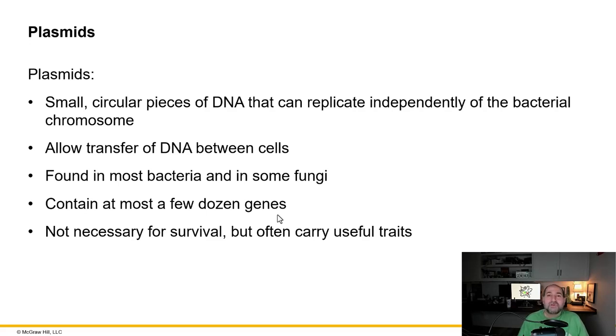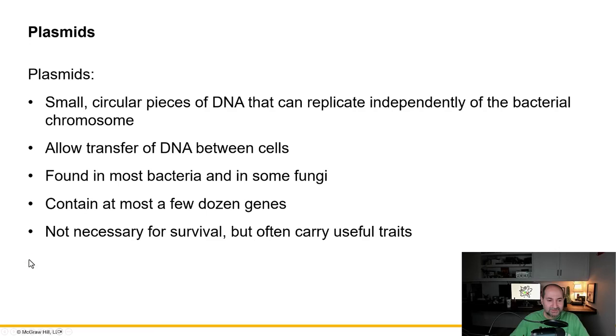You can also have what are known as resistance plasmids, or R plasmids. These confer antibiotic resistance to the bacterium that possess them. There are also virulent plasmids for toxins and such, where the plasmid may contain genes that encode toxins.